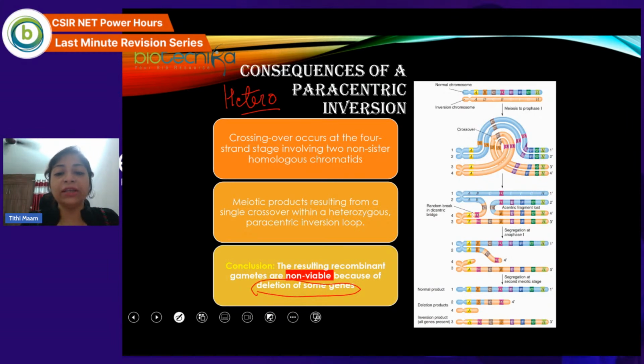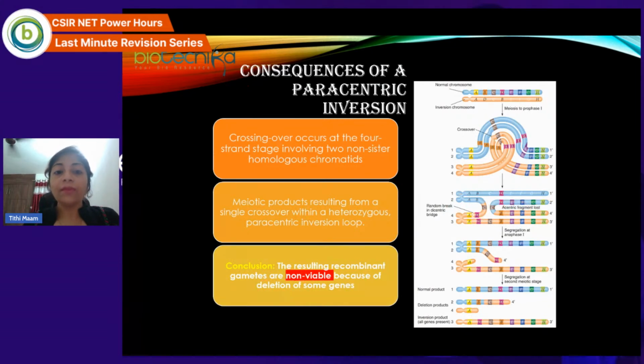Because it will create a dicentric chromatid and an acentric fragment. The acentric fragment will be lost, failing to segregate during division. The dicentric chromatid will create a dicentric bridge, which will break abruptly from the middle. So the gametes which receive the chromatids that participated in the crossing over will be non-viable. Basically, the recombinant gametes will be non-viable because of deletion of some genes.